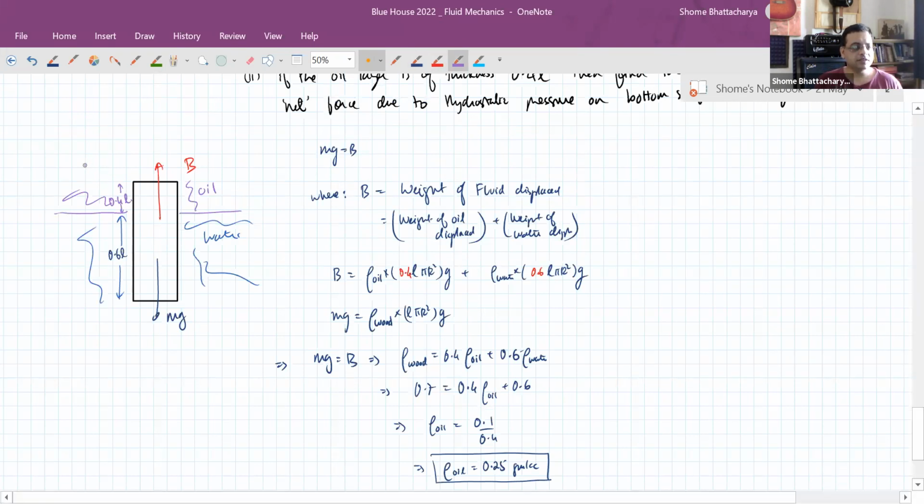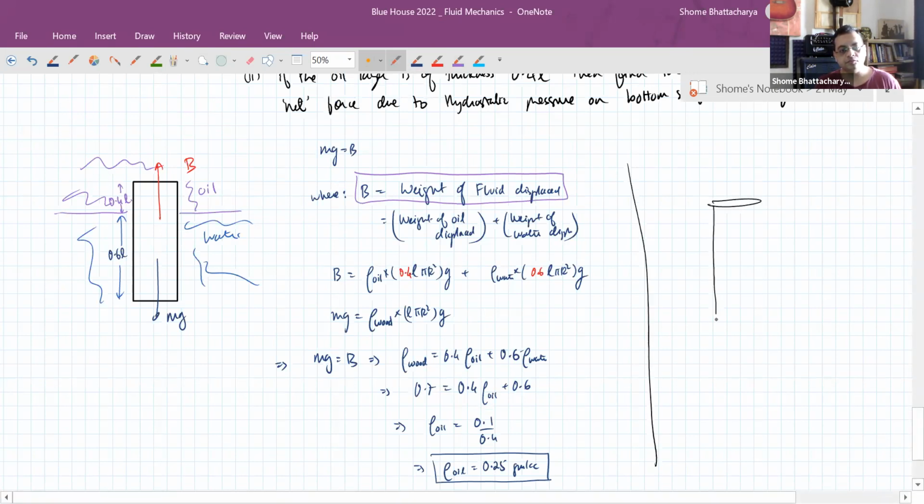So this is one way of understanding the buoyant force directly from the statement of Archimedes' principle. The other way we can also logically understand. The oil is applying a downward force of F1 and the water is applying an upward force of F2. Then the net buoyant force is equal to F2 minus F1.